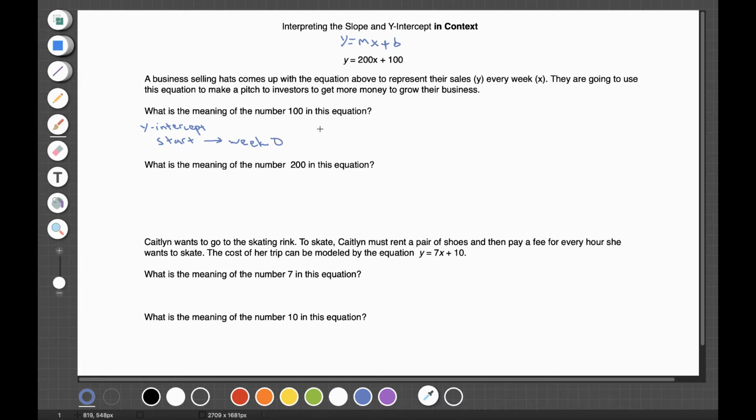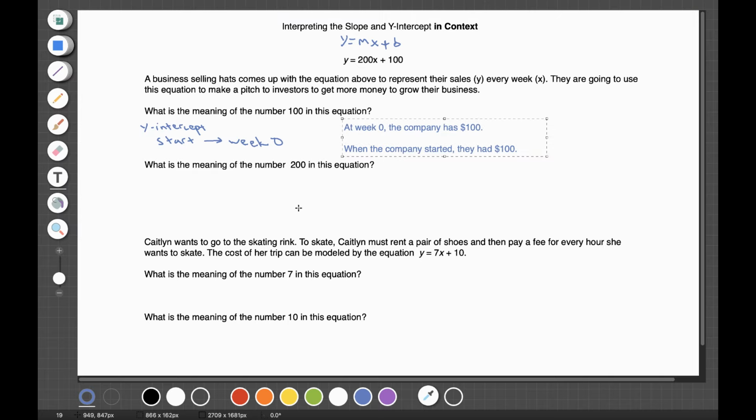So if I put this all together into an answer, the answer would be at week 0, the company has $100. Or you could also say it, when the company started, they had $100. Either of those would work for this one.